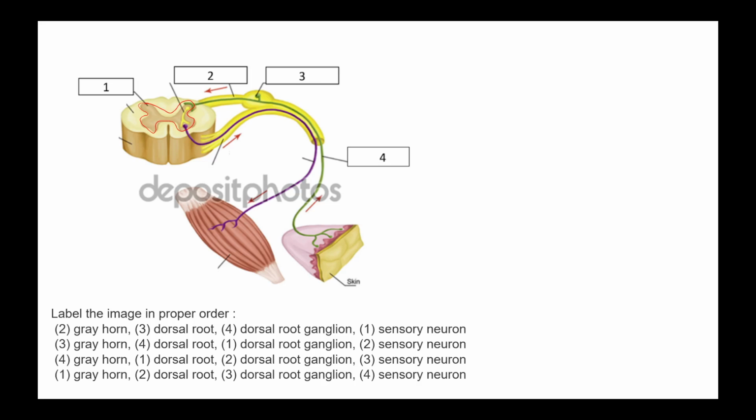After that we have the second one. What is the second one? Yes, and then the third one. Yes, and then the fourth one. Yes, that is a sensory neuron.